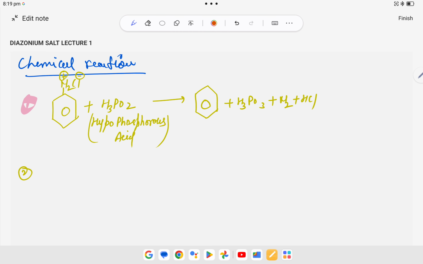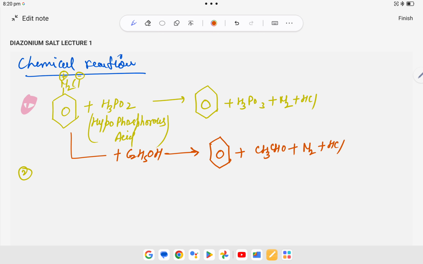Similarly, if this species reacts with C2H5OH, ethanol, then benzene is also formed, plus CH3CHO, and N2 is definitely released. One more reaction, check it, children. This is again the diazonium salt.